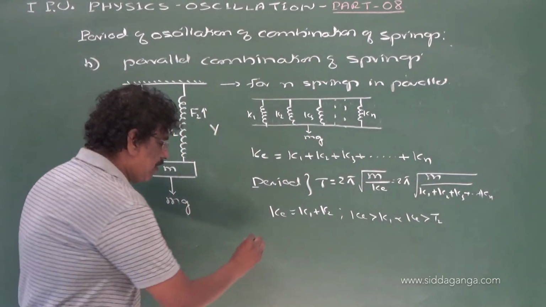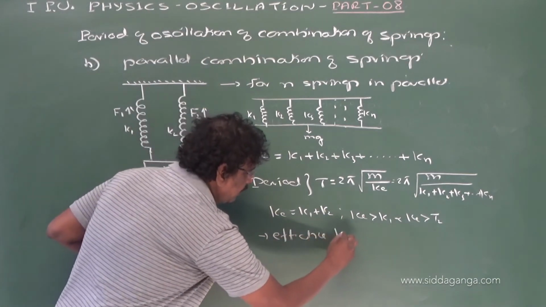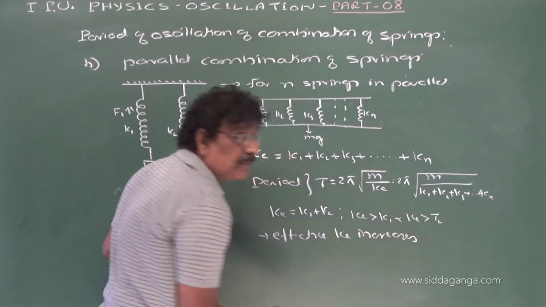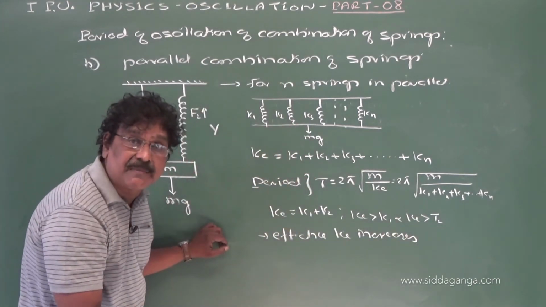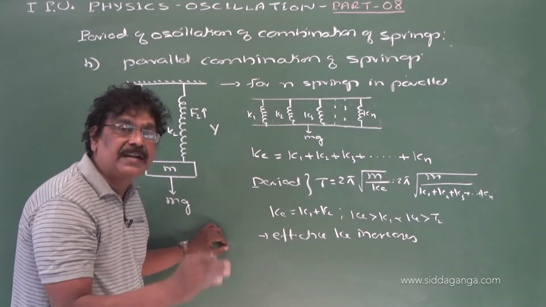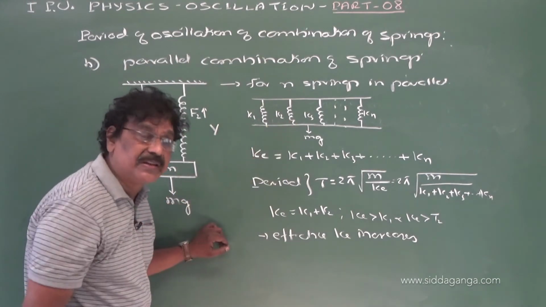In parallel combination, the effective Ke increases. Remember, in series combination the effective force constant decreases, but in parallel combination it increases.